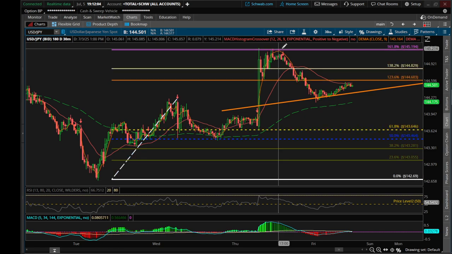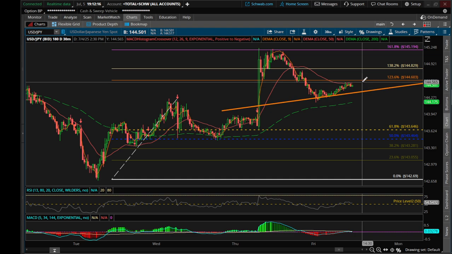A direct hit on the 161.8. That tells me, earlier I said that's showing some good bullish momentum. So that's what you would want to see if you want to move higher.